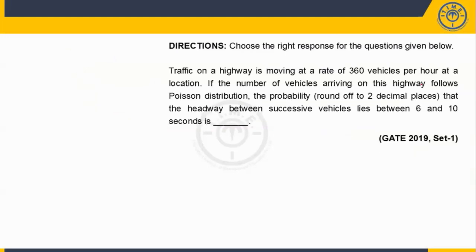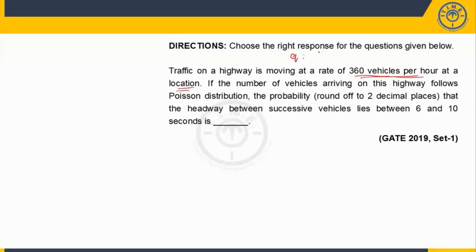Let's do this. Look, traffic on a highway is moving at a rate of 360 vehicles per hour at a location.